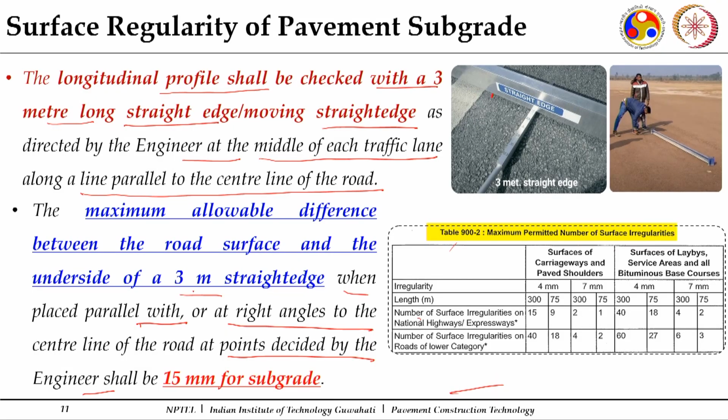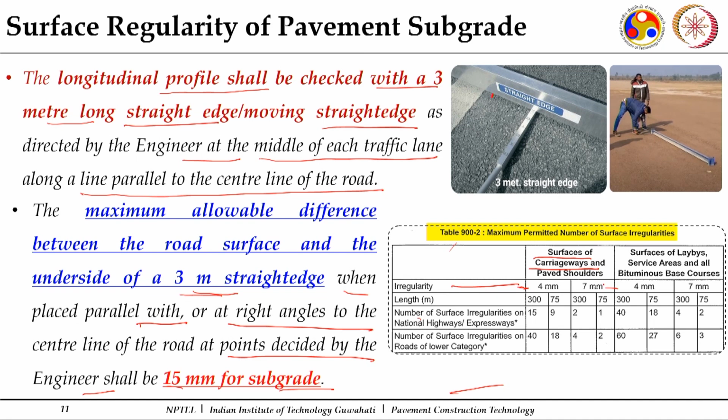With this particular straight edge, it says that the allowable difference between the road surface and the underside of a straight edge should not be more than 15 mm in case of subgrade. Why? Because finally, when we reach the top of the surface, there is a requirement given by MORT in section 900, which says that the irregularities on the top surfaces of the carriageways should be retained in a particular range.